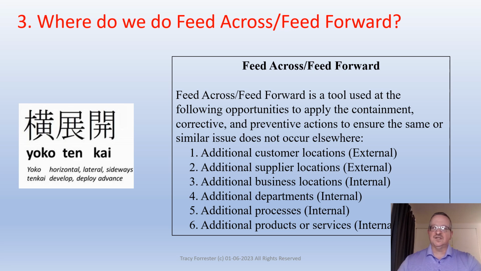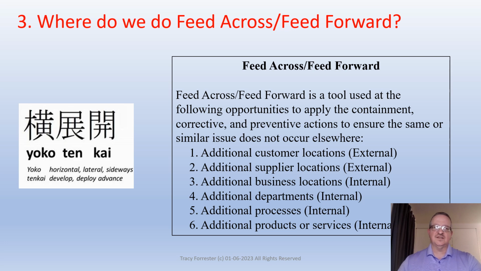It could be additional supplier locations. Again, the last thing you want is to have this problem from a supplier and then a month later, 2 months later, 6 months later, have the same problem from a different location within the supplier. And even generically, if you've got similar products coming from even different suppliers, without divulging any sensitive or private information, you can still let the others know that, hey, within the group, we've experienced this type of failure.